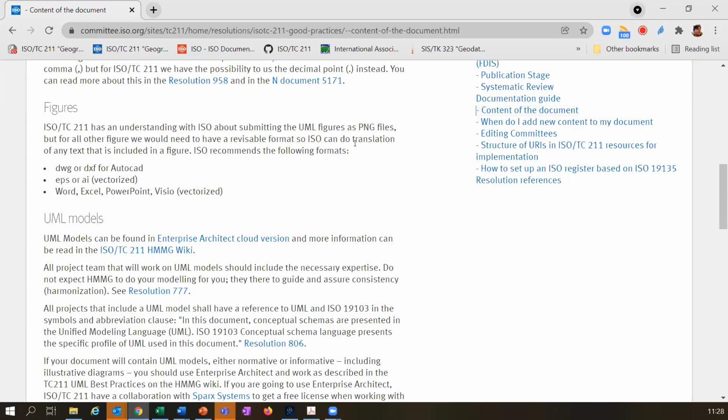But for all other figures, there are rules that say we are only allowed to submit them in certain formats. And a DIS could be delayed if we do not do this. So it's a very important part for us in the Secretariat to verify this before we do the submission.